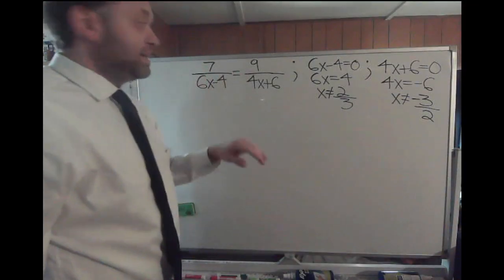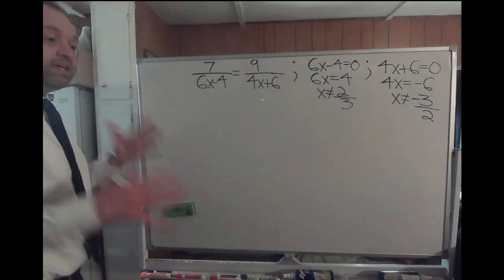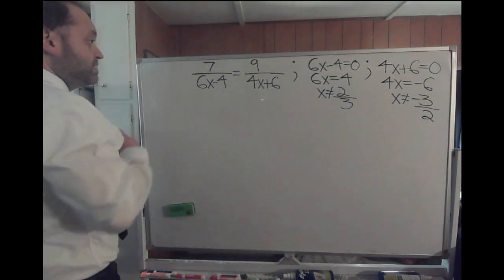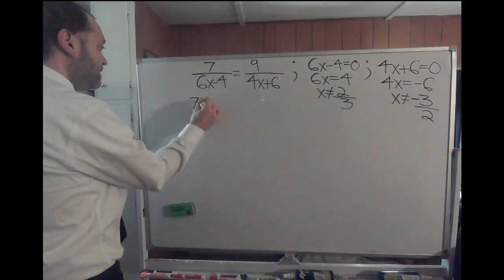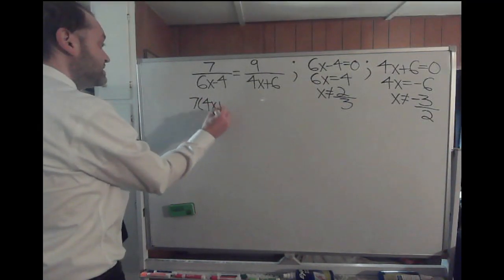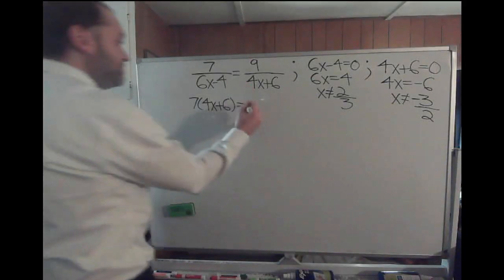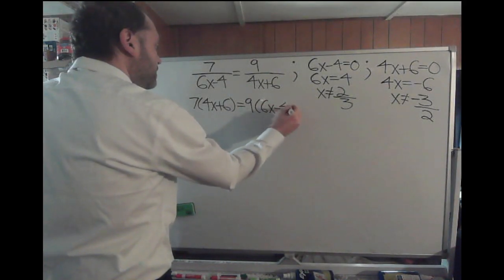So x cannot equal 2/3 or -3/2. If we get either one of those as a solution, we have to discard it. So now take the product of your means, which would be 7 times the quantity 4x + 6. Set that equal to the product of your extremes, which would be 9 times the quantity 6x - 4.